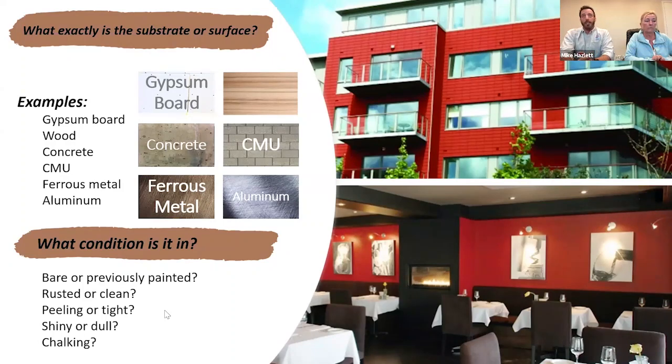Has it been previously coated? If so, we want to make sure it's in good sound condition. We want to make sure there's no rust, it's been cleaned, maintained, and that there's no grease or oils. That is something that sometimes gets overlooked. So we want to make sure these are being addressed during the paint selection process.